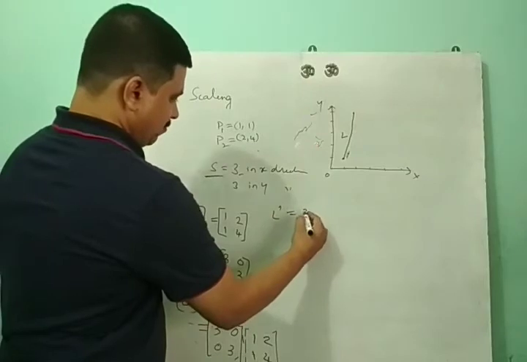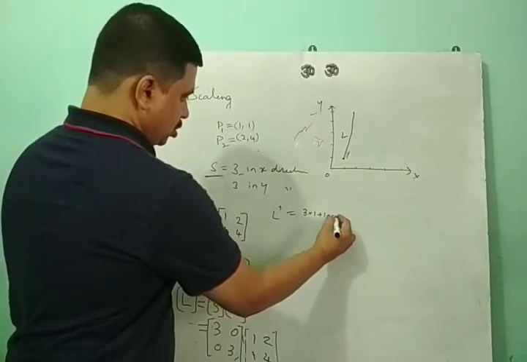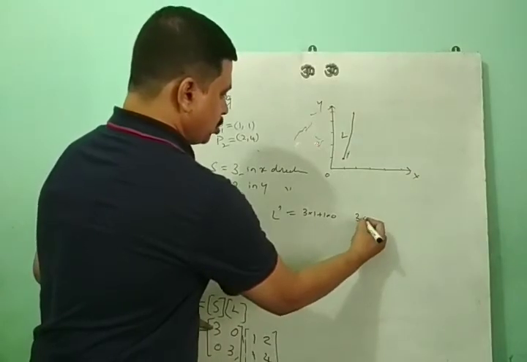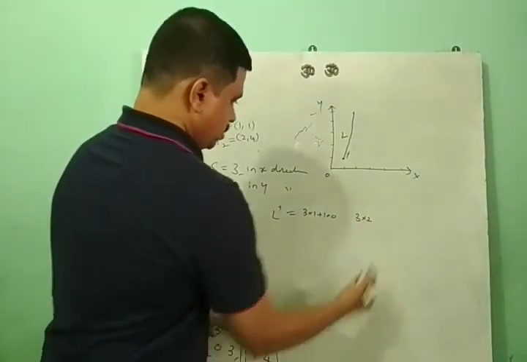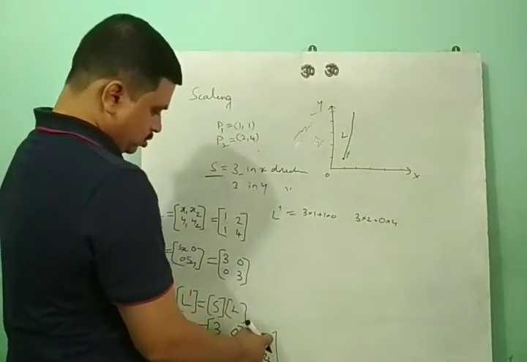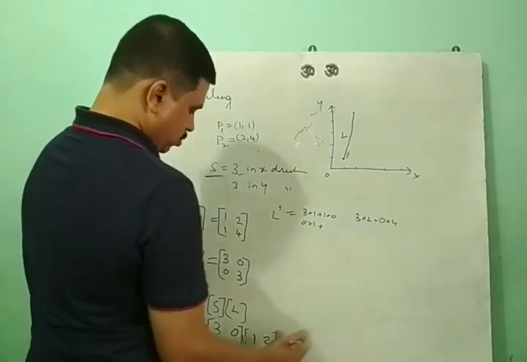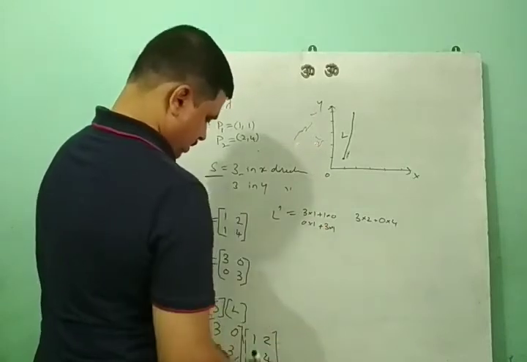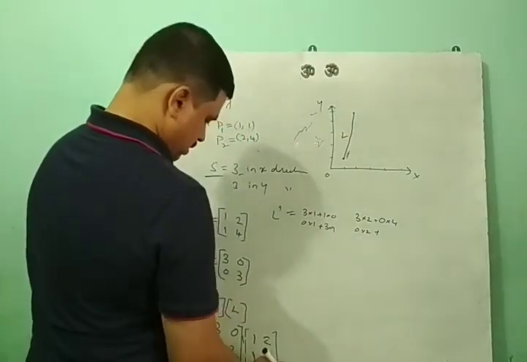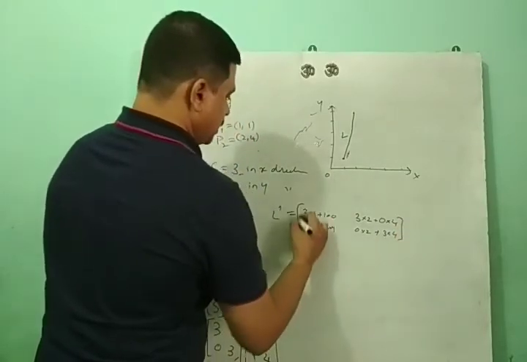First row: 3 into 1 plus 1 into 0, then 3 into 2 plus 0 into 4. Next row: 0 into 1 plus 3 into 1, then 0 into 2 plus 3 into 4. So this is the matrix multiplication method.